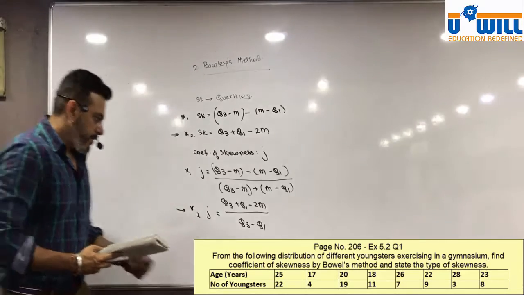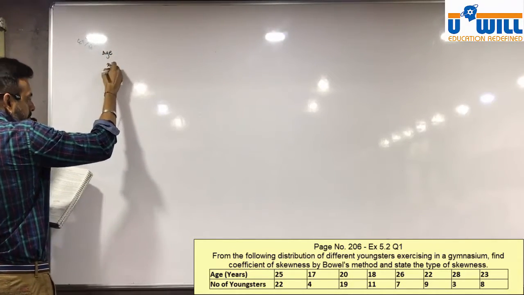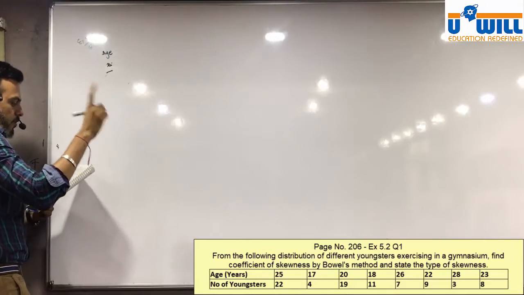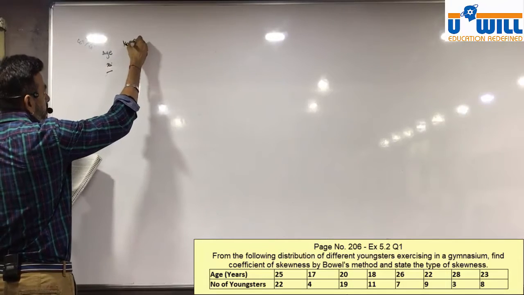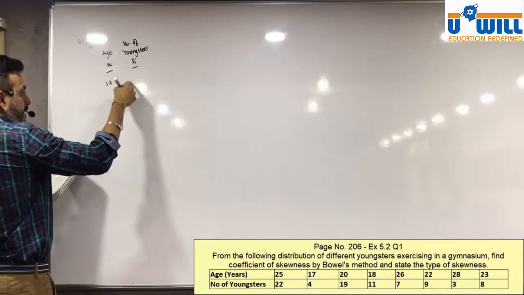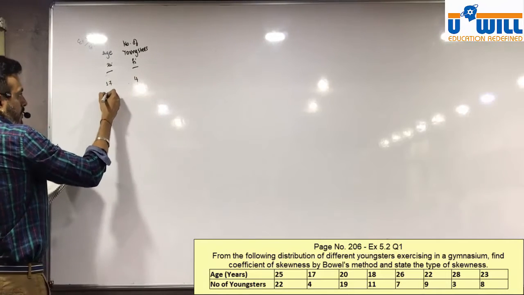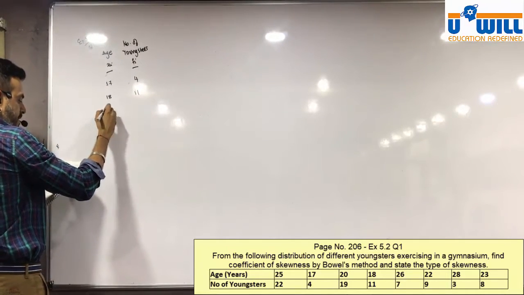Okay. Let's write age, XI. Arrange this in ascending order. FI, number of youngsters. Minimum is 17. Against 17 the frequency is 4. 18, 11. We don't have 19.